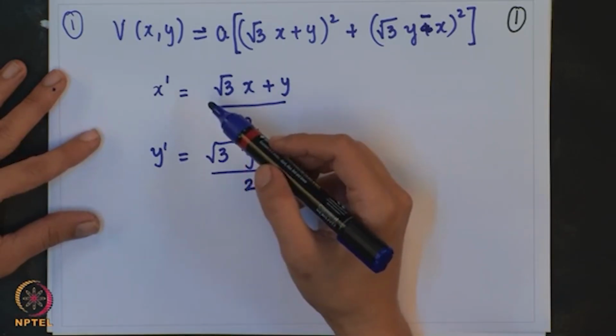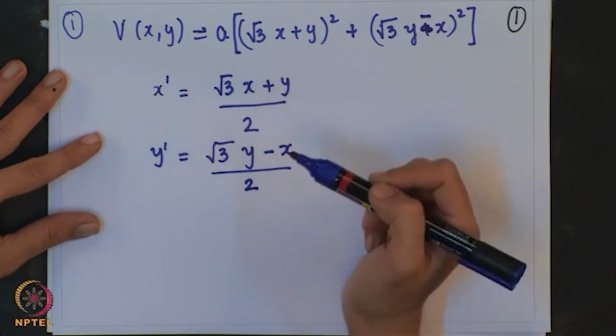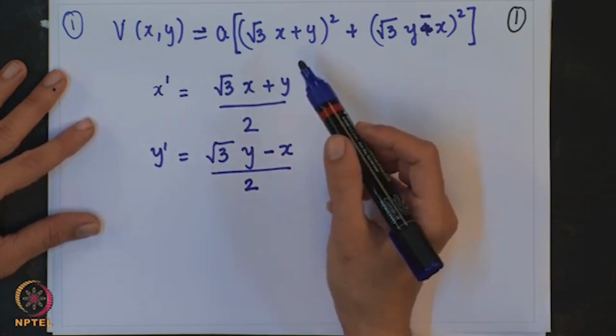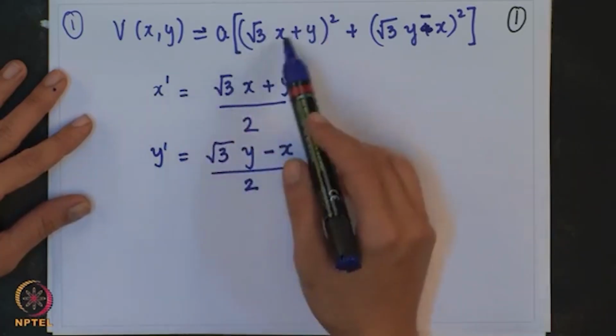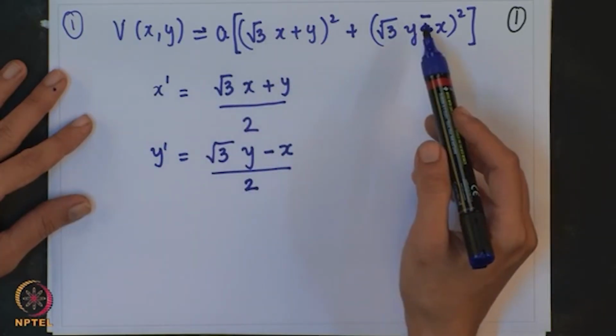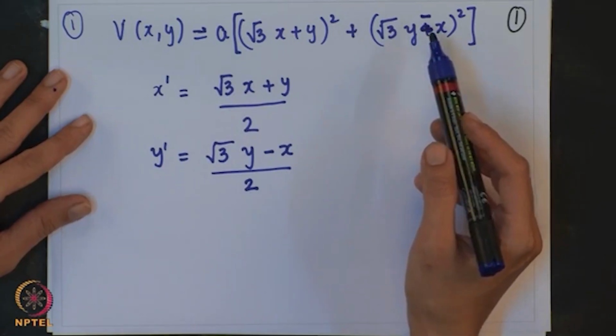Okay. So, there is a square over here in this expression. So, when I am rewriting this expression, I will have x prime square plus y prime square.